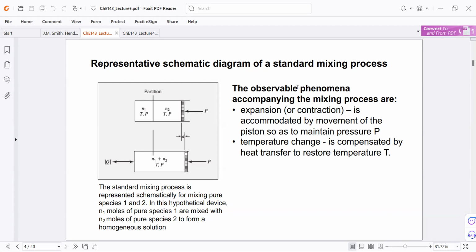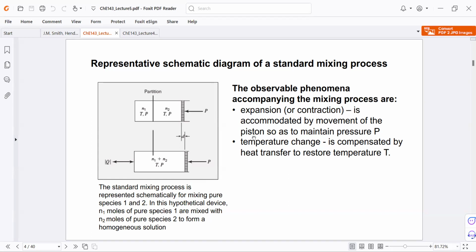So what possible phenomenon happens when we try to remove the partition? There's either expansion or contraction, and this is reflected by the movement of the piston. If, for example, it expands, then the piston moves to the right, and if it contracts, then the piston moves to the left.